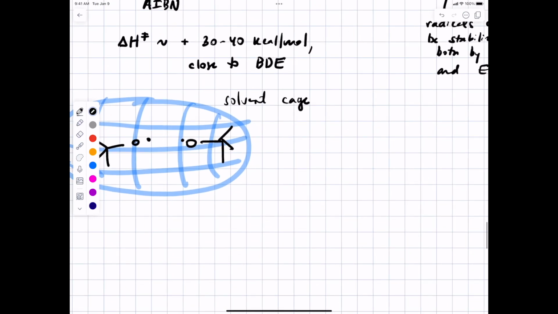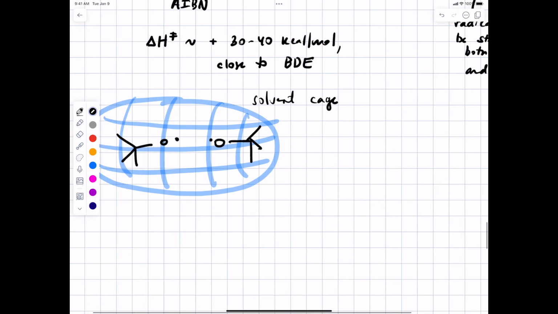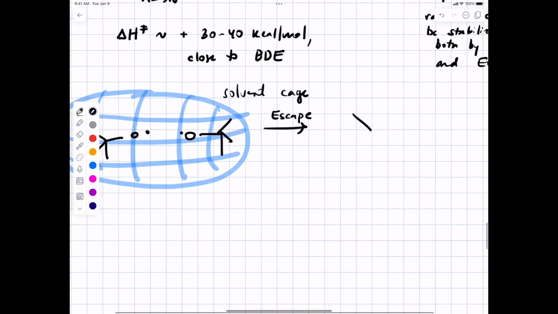So you've got sort of 2 options that can happen. You've got escape, in which one of them gets free and can now go on to do other things.